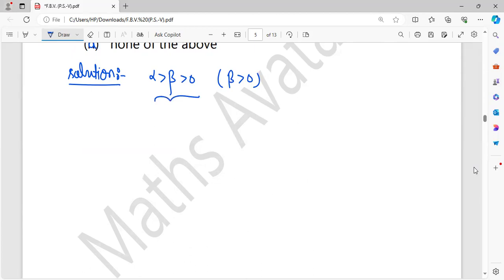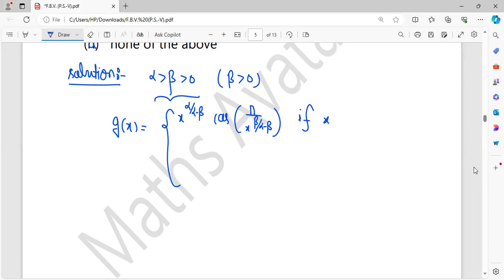So I am taking this case, and I am considering this function g(x) is equal to x to the power (alpha minus beta) cos(pi upon x to the power (alpha minus beta)) if x belongs to (0, 1], and it is 0 if x is 0.